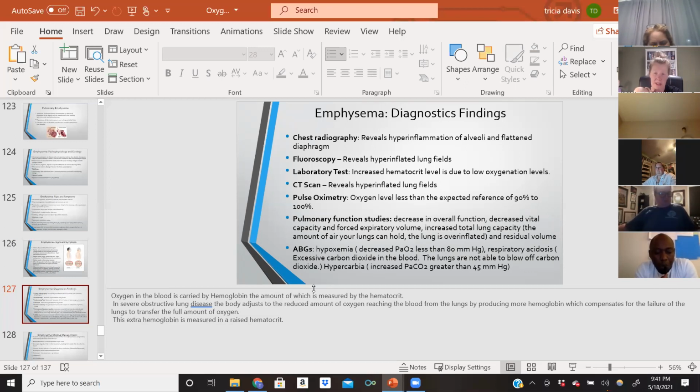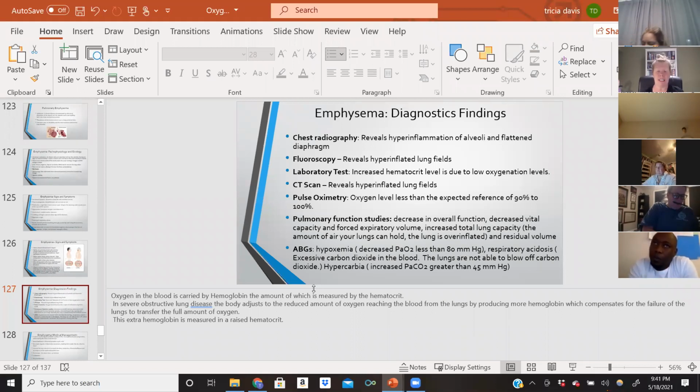Pulmonary function studies: we're going to see a decrease in their overall function, their vital capacity, their forced expiratory volume. Increased total lung capacity, because the amount of air that your lungs can hold, the lungs are overinflated. So their lung capacity is going to be increased. And then the residual volume, because we're keeping air in.